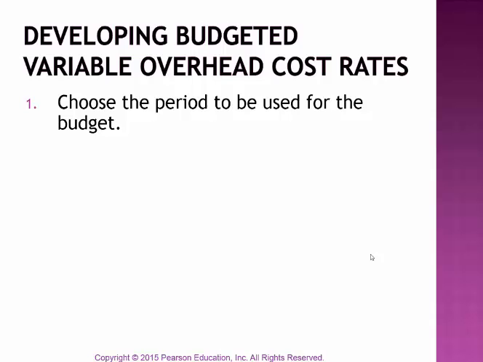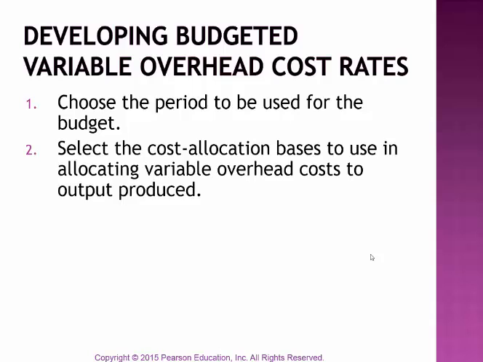And we will then come up with the cost allocation base that we're going to use in allocating variable overhead cost to our output produced. So for example, if we are a very heavily manufacturing based system using a lot of machine hours, then maybe we're going to use machine hours for our allocation method.